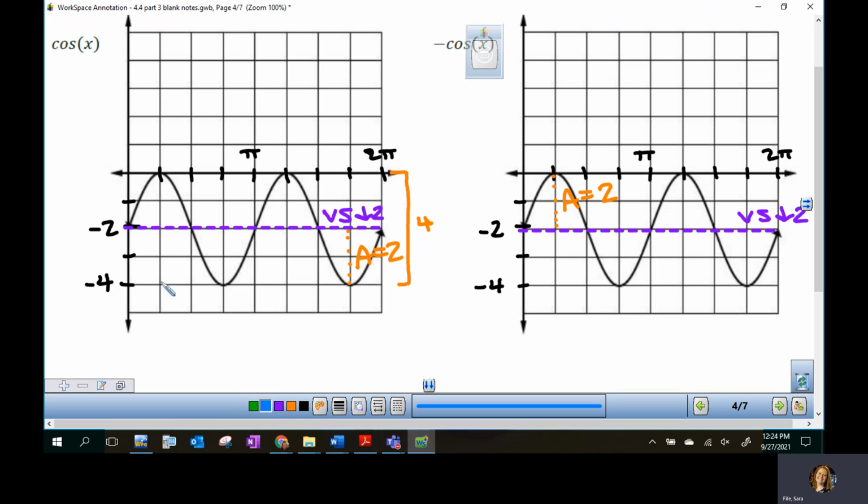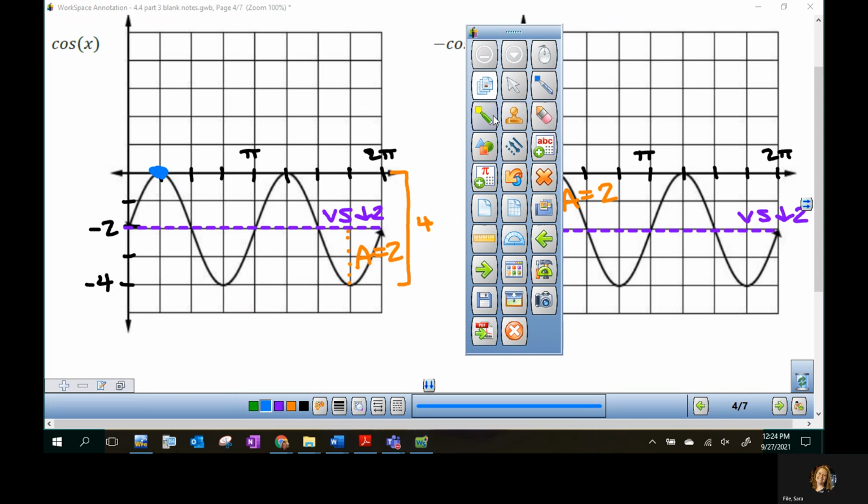All right, now starting points. Positive cosine, what did we say? Would go from what to what? Peak to peak, high to high. Maximum to maximum, however you want to think of that. So I could have this as my starting point and look at this cycle. Is that the only starting point that I see?